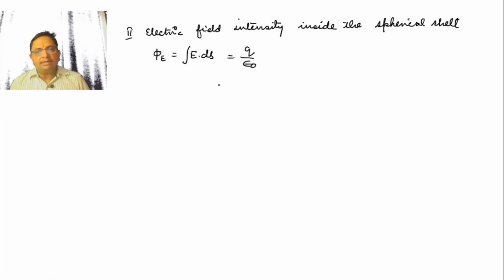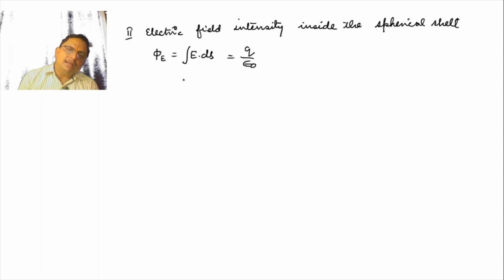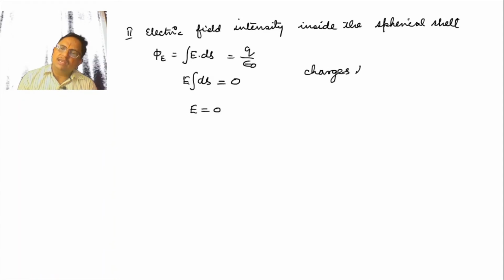You know that in this surface no charges lie, because charges are on the surface and their direction of electric field is outward, not inside. So we will get E into ds is equal to 0. So electric field intensity will be 0 here because charges lie on the surface only.